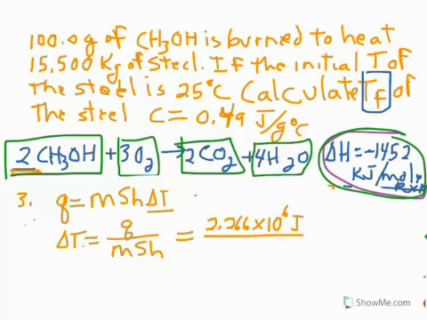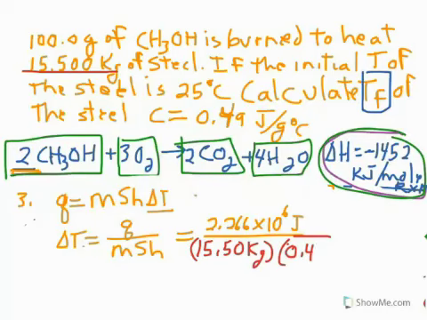So what was heated was the steel, and it's 15.50 kilograms. So 15.50 kilograms of steel times the specific heat of the steel, which is 0.49 joules per gram degrees Celsius.